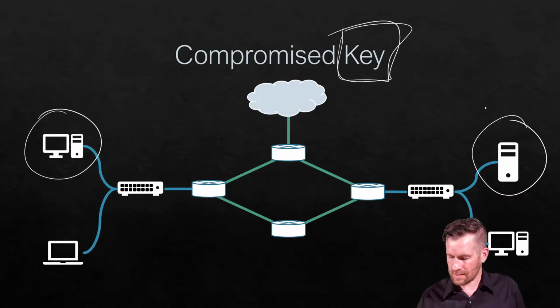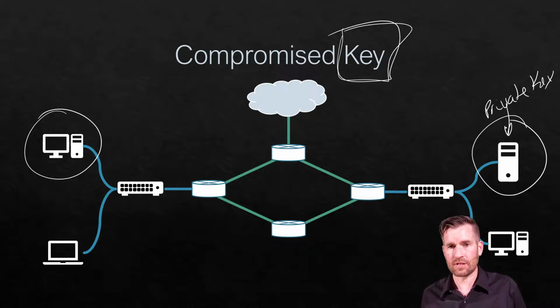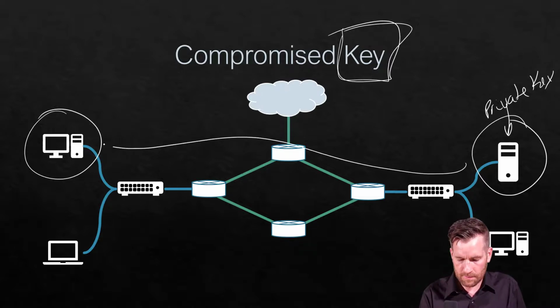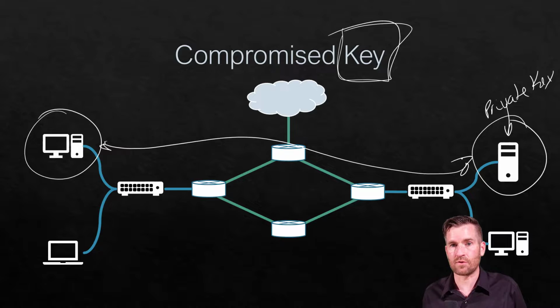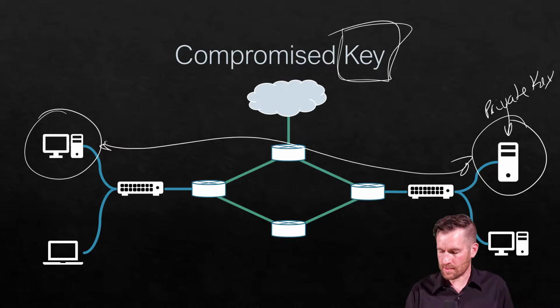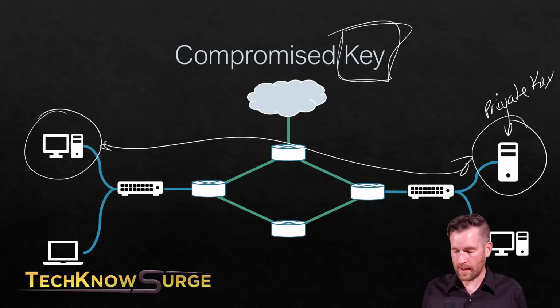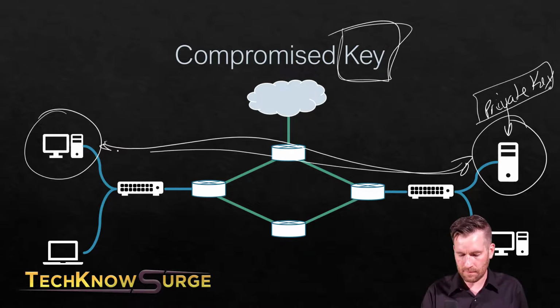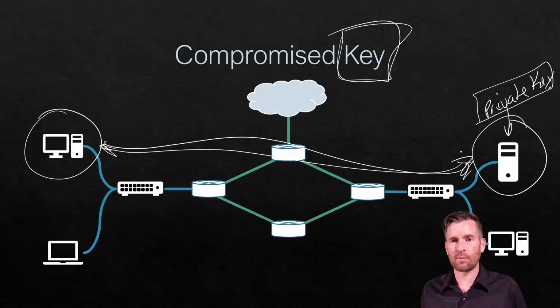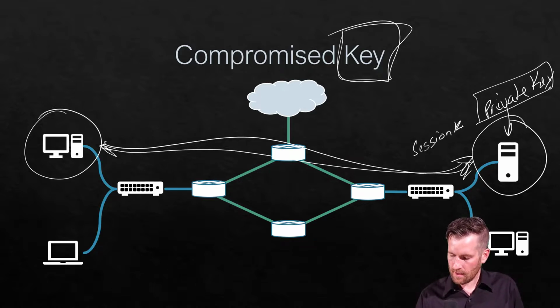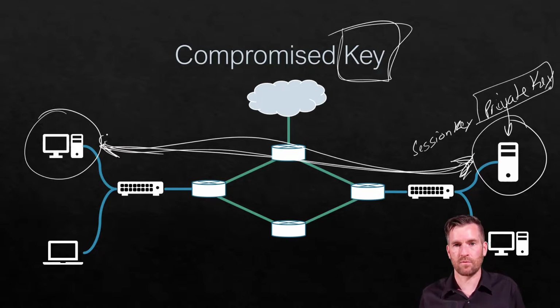It first of all uses the private key that this server has on the machine to help encrypt the traffic that's going between these two devices. And so it'll use this private key to help with that process. And maybe what happens is it will use that private key to establish this communication, but then what it will do is it will create a session key that it will utilize for this direct communication back and forth.